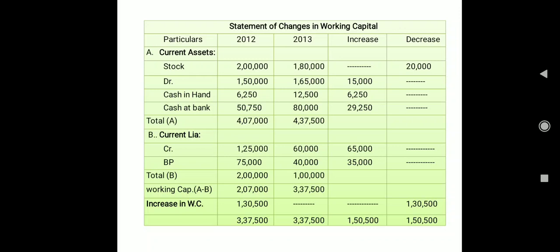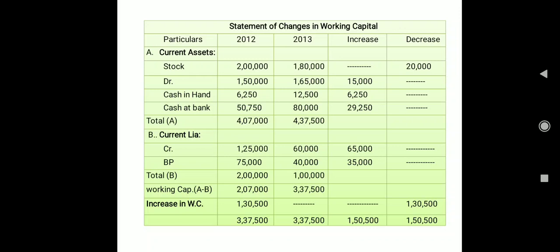Related to current liability, the rule was: decrease in current liability, increase in working capital. Similarly both are calculated, and we make a total of current liabilities in both respective years. So in 2012 we get a total of 2 lakh, and in 2013 we get a total of 1 lakh.